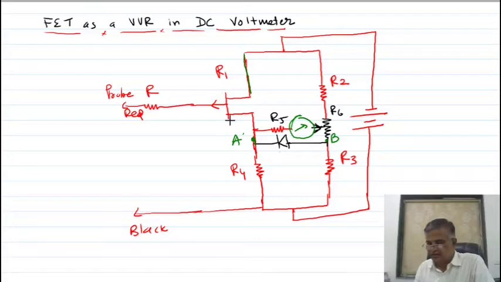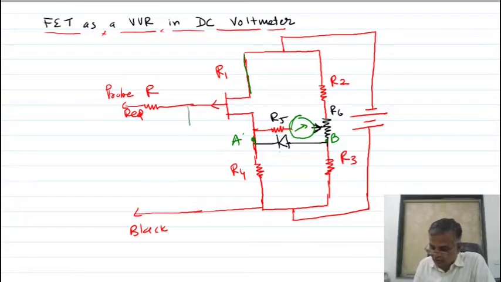In one branch of the bridge, there are four branches, 1, 2, 3, 4, we have used a FET. At the input section we have used the FET, so as you use the FET here, the input resistance of the voltmeter will be very large.